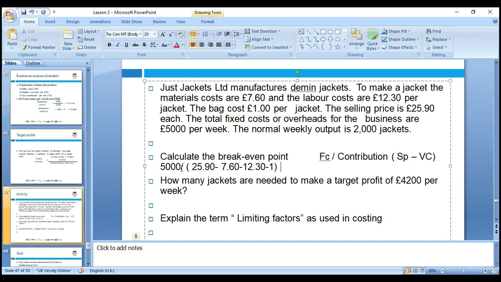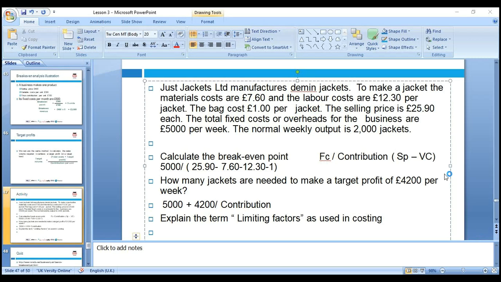Any question? And whatever your answer will be, 5,000 divided by that. Yes. And then next is 5,000 plus target profit 4,200 divided by contribution, which we need to calculate.